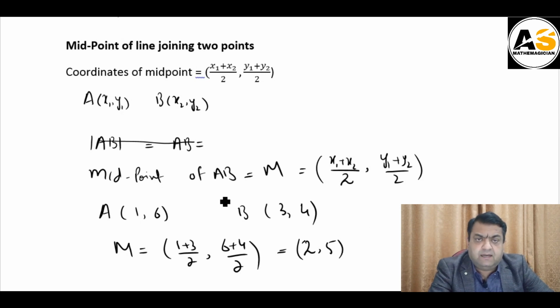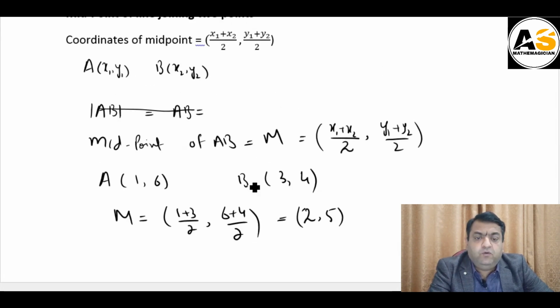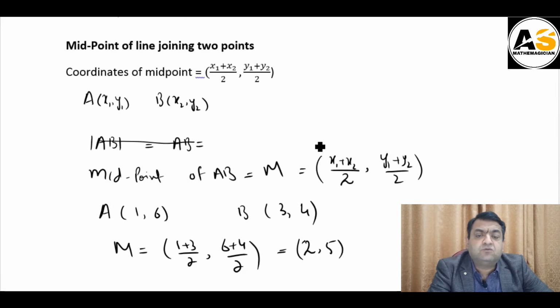So here I just elaborated the procedure. Now we are ready to move on and solve some miscellaneous questions which will prepare us to solve past year exam questions. So far we have learned the gradient: what is the gradient of a straight line and how do we find the gradient if 2 points of the line are given?